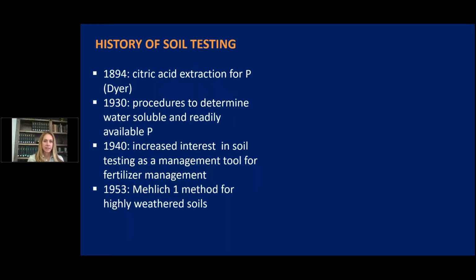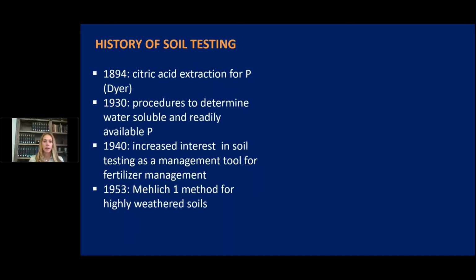It was really in the 1930s that most of the procedures for extracting water-soluble plant-available phosphorus were developed. In the 40s, most land-grant universities established their extension soil testing labs, and this was in response to a demand because of increased use of fertilizers.